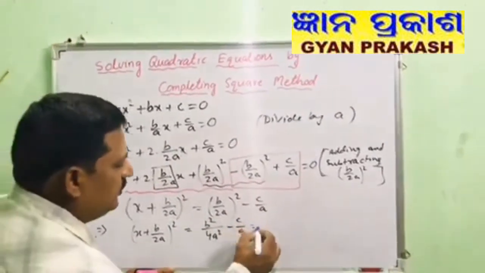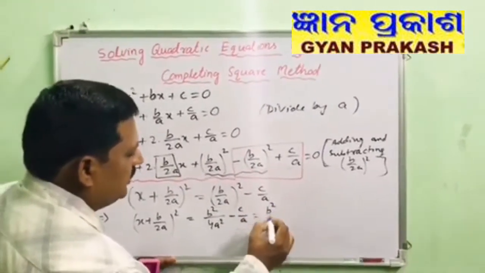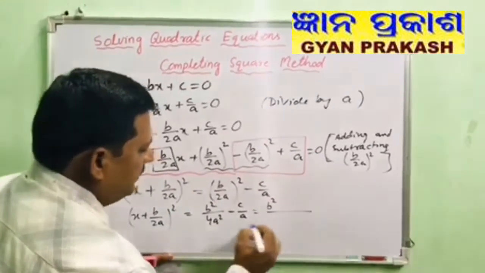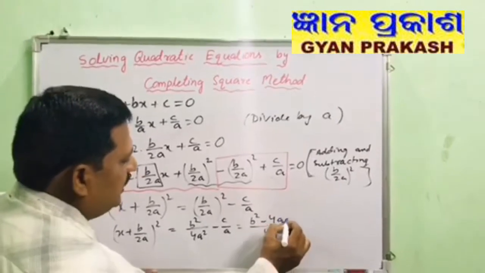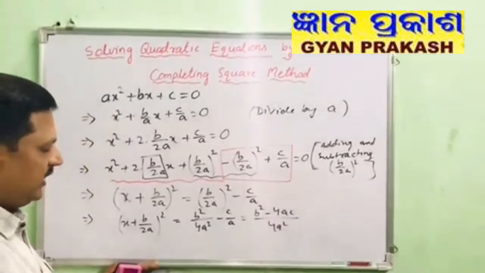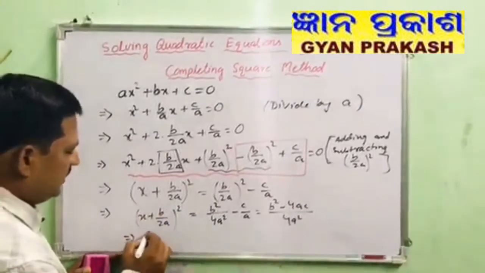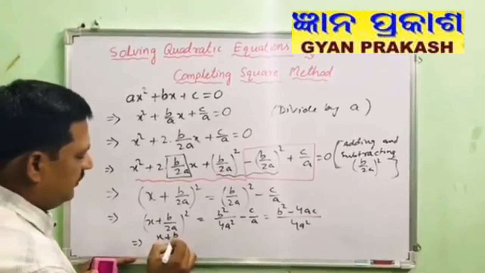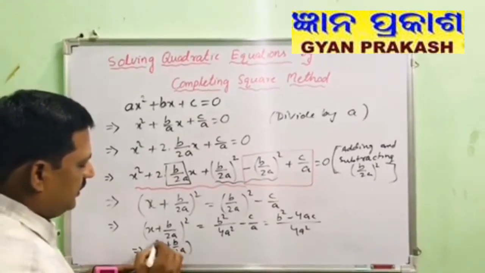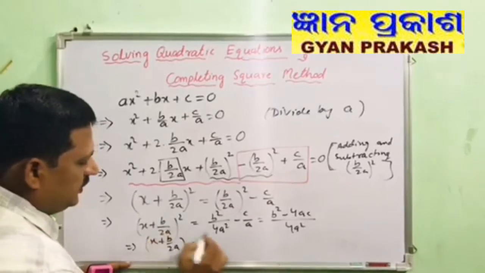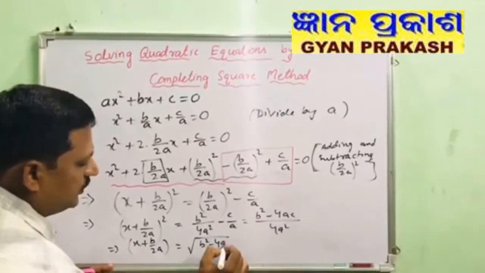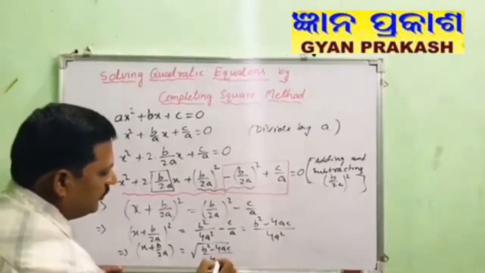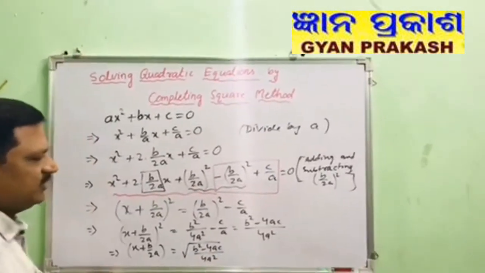That is equal to, if we take LCM here, it will be 4a square, so it will give b square minus 4ac. And from here we get x plus b by 2a equal to square root of b square minus 4ac by 4a square, right?